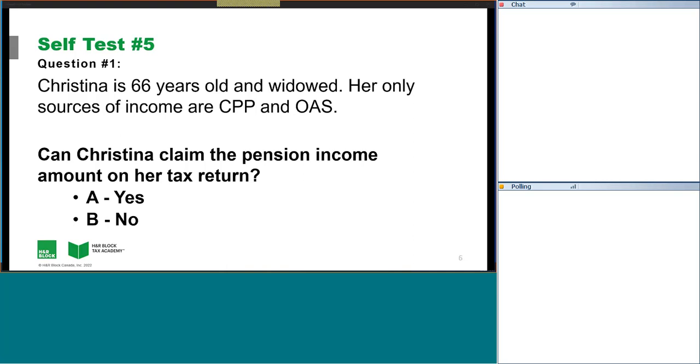You can tell me yes or no. If you're not sure, remember there's a chart in facts and figures that tells you which things are eligible for the pension income amount and which ones aren't.